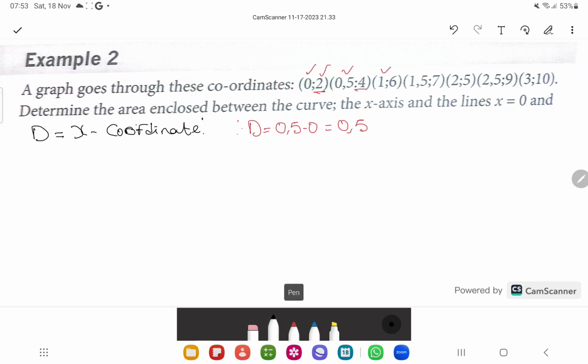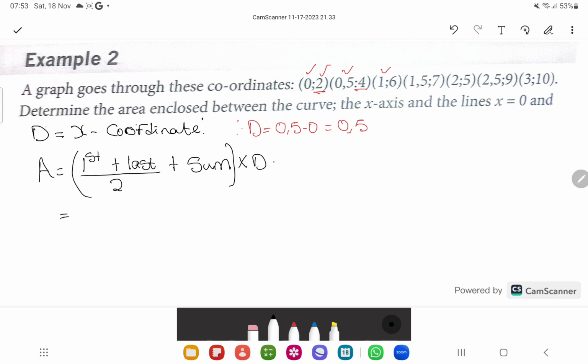Remember, the formula says the area is the first plus last, then divided by 2, plus the sum, then multiplied by the distance. Remember, we don't change anything.